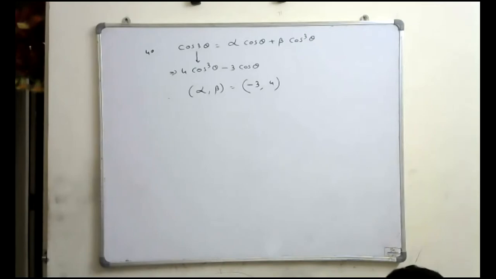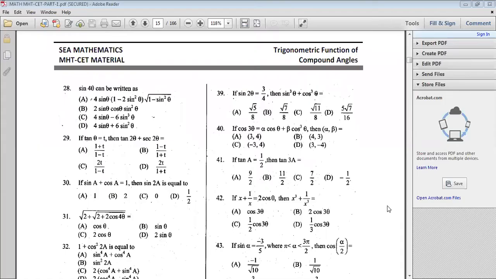Next, look at the next problem. So this is the 41st problem. Tan A is given as 1/2. Then what is tan 3A? Tan A value was given as 1/2. Then you have to find the value of tan 3A.